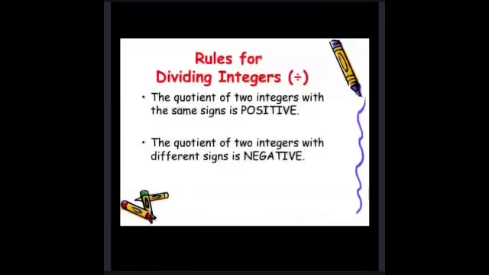The very first rule says the quotient of two integers with the same sign is positive. That is, if the numbers have the same sign and you are dividing them, then a positive sign will come. And if two integers with different signs are divided, then a negative sign will come.